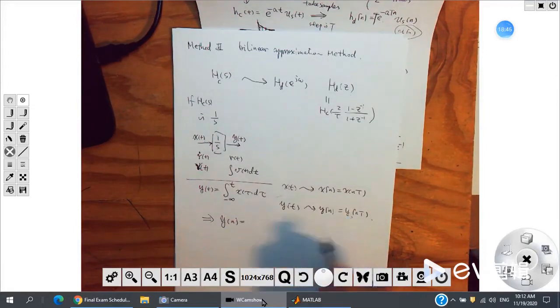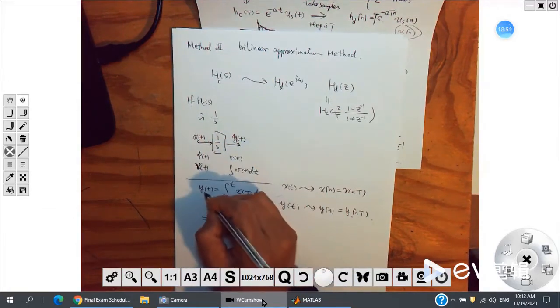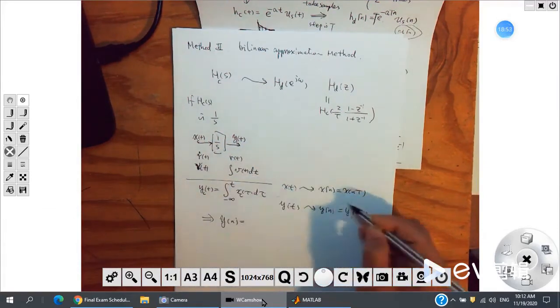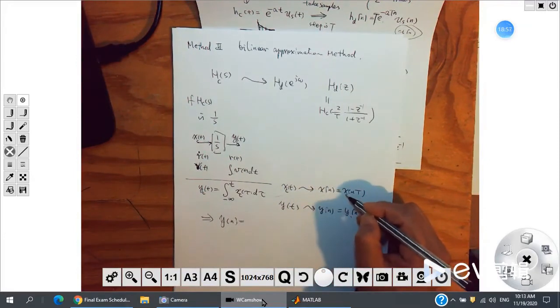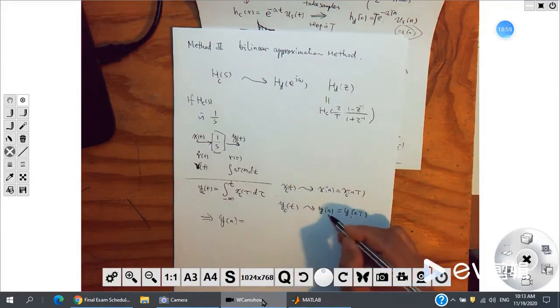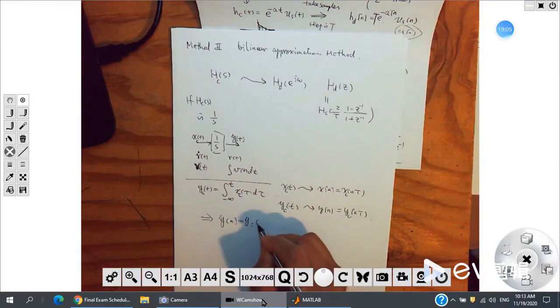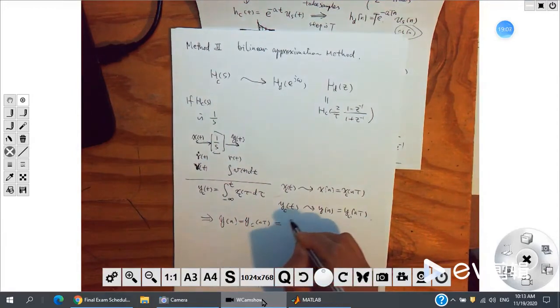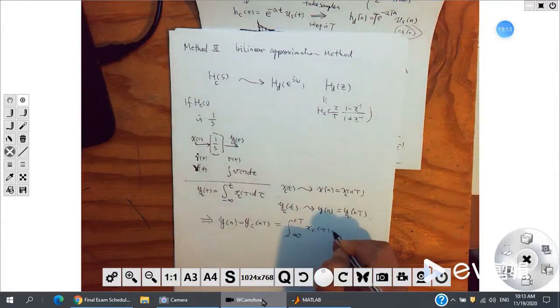I put c here to denote continuous time, and no c for discrete time. So y[n] is y_c(nT), an integral from 0 to nT of x_c.